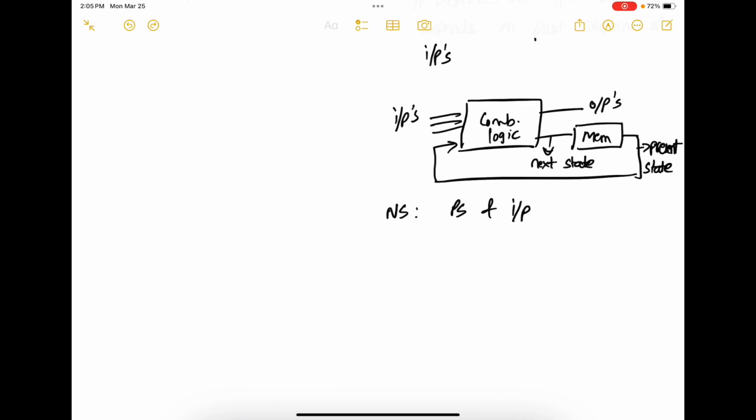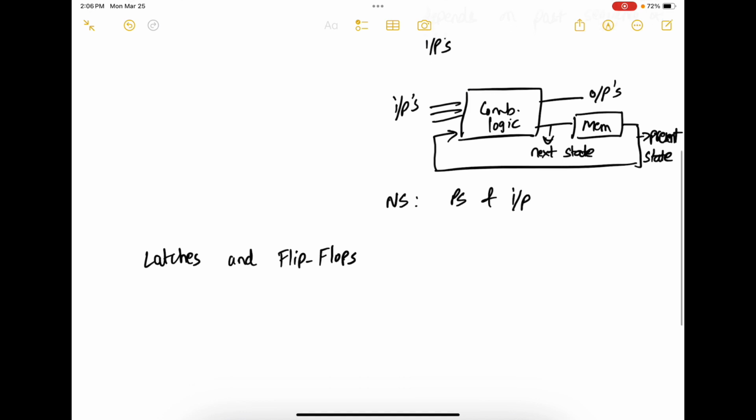The two most common memory elements are latches and flip-flops. Both these components typically have one or more inputs and two outputs. The first output is Q, and the second output is the complement of Q, which is Q prime.